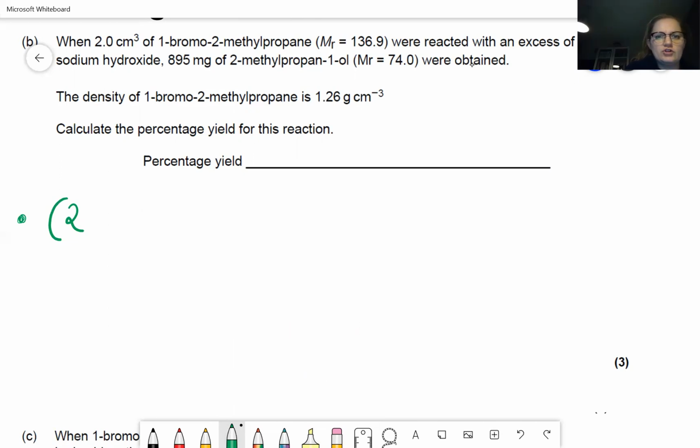We've got 1.26 grams per cubic centimeter as the density, so we're going to multiply 2 by 1.26. I should be able to do this off the top of my head, but it's that sort of maths where I will get it wrong if I try. I know I'm just doubling it.